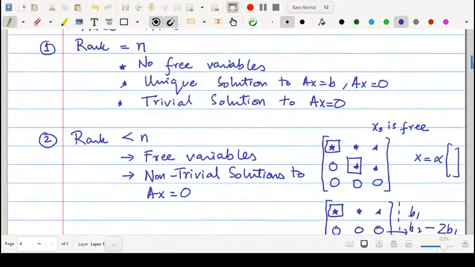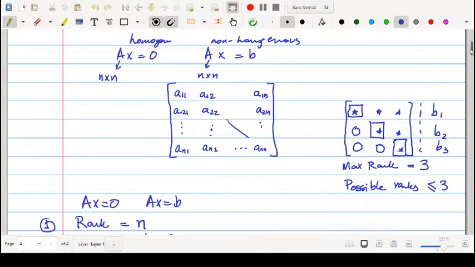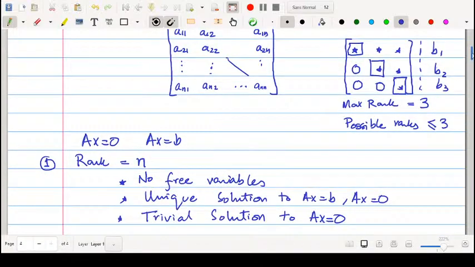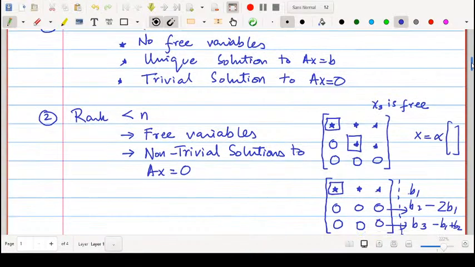So all the possible cases that you could have in Gaussian elimination, we've gone through them. Let me just summarize. The first case, when you have square systems, your rank can be either n or less than n. When it's n, Ax equals b will have a unique solution, and Ax equals 0 will have only the trivial solution.